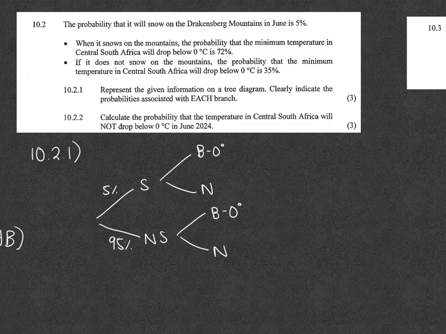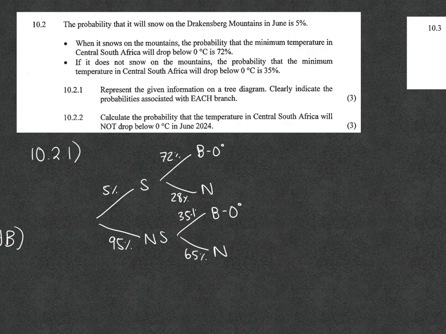Okay. So what we're going to go is percentage-wise. What did it say in the first thing? It said 72% if it does snow. So when it snows on the mountain, the probability that the minimum temperature will drop below 0 is 72%. So 72% here, which makes 28% there. And then if it doesn't snow, we're going to have a 35% and a 65%, sorry.